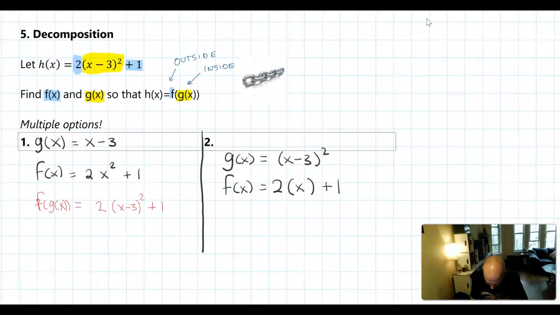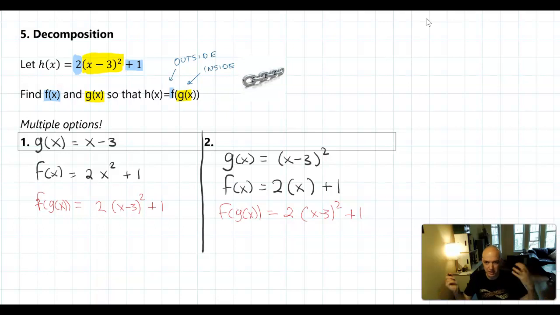And you could check by composing those back together. f of g of x, you would start with g, x minus 3 squared, multiply it by 2, and add 1. And you do get back that original. So decomposing functions, really nice. It's actually really nice to be able to decompose functions in multiple ways. Something that really helps in calculus when you're taking apart a function, you can work with each part separately if you're finding things like rates of change, and then put them back together in a much more simple way.